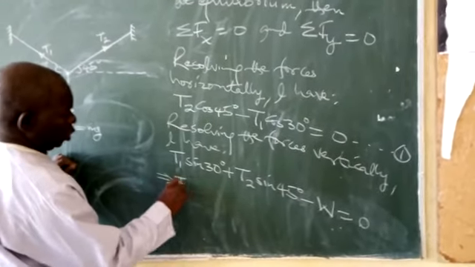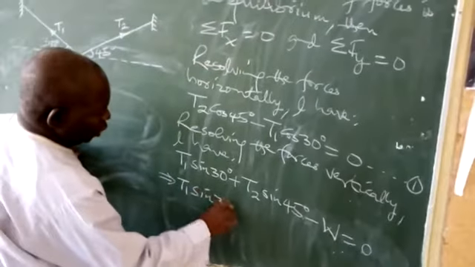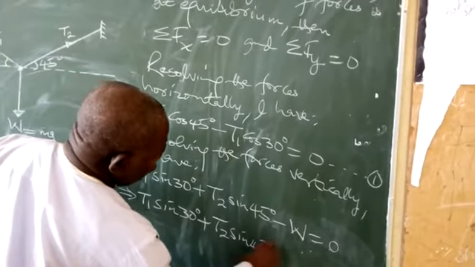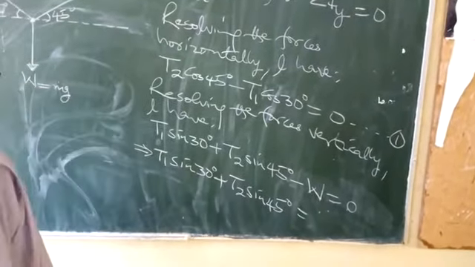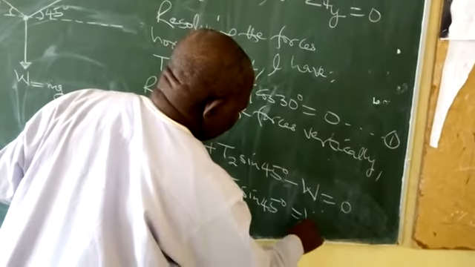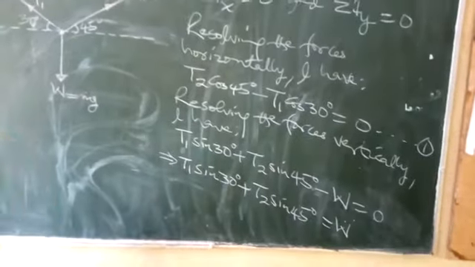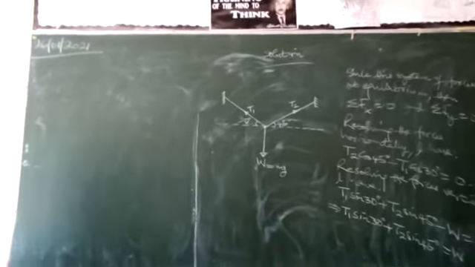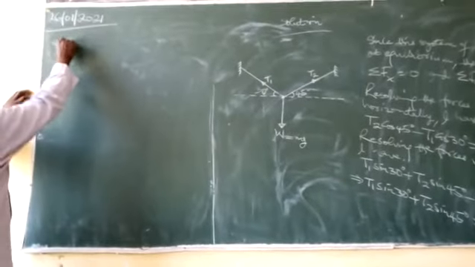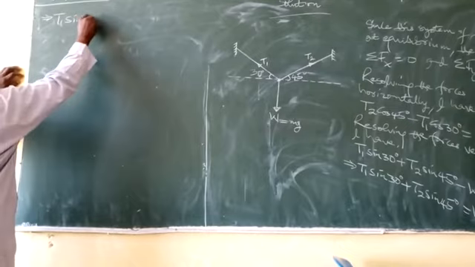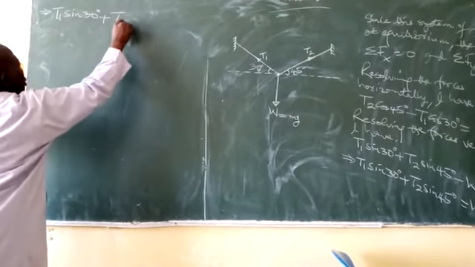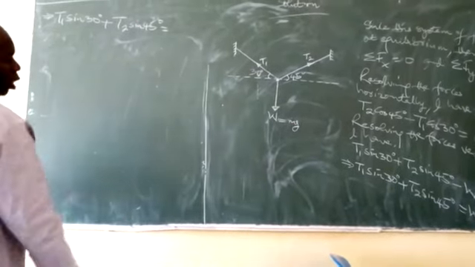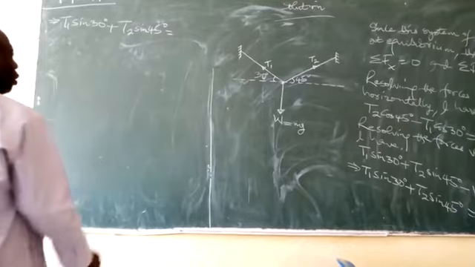So this means that T1 sin 30 degrees plus T2 sin 45 degrees is equal to mg, which is equal to W.